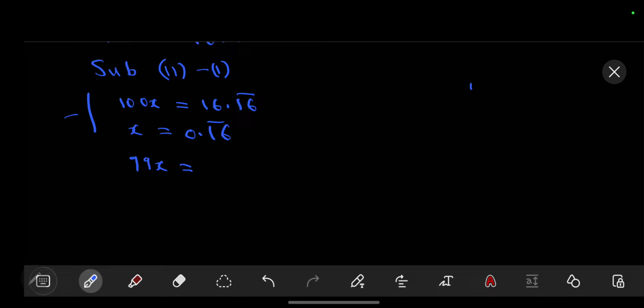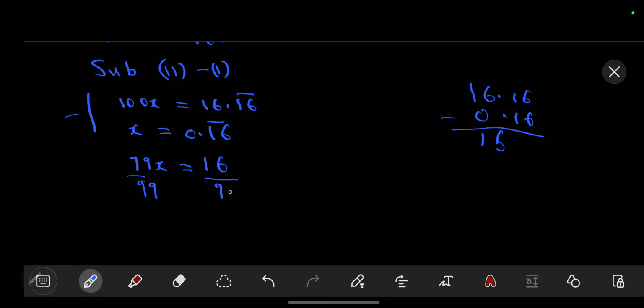Which should be equal to 16.16 minus 0.16, so we are just going to have 16. So we have 16, then we divide by 99.